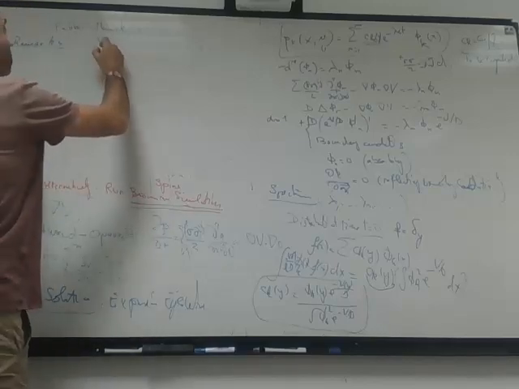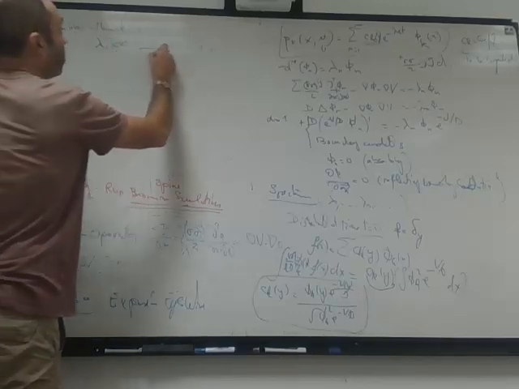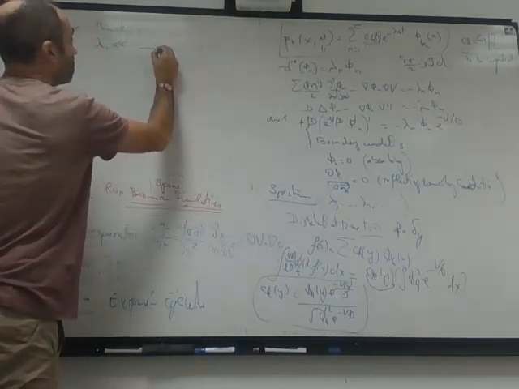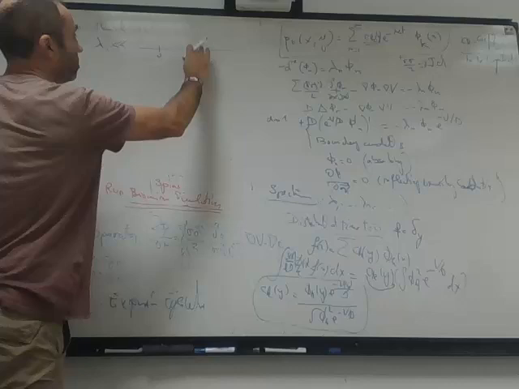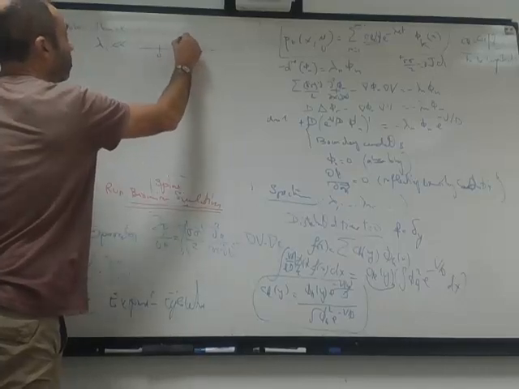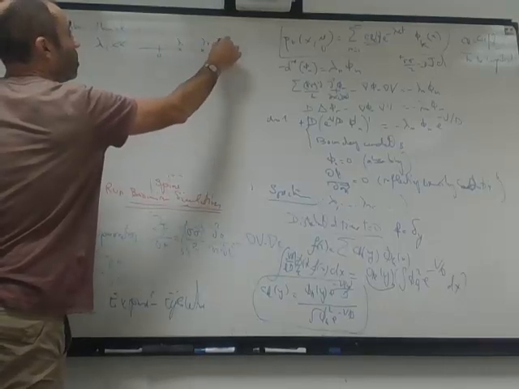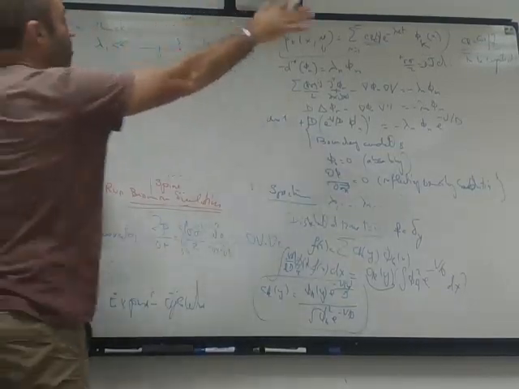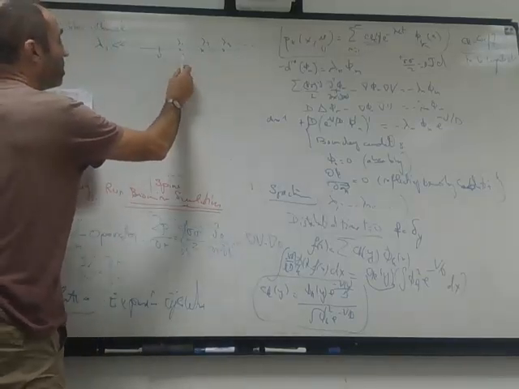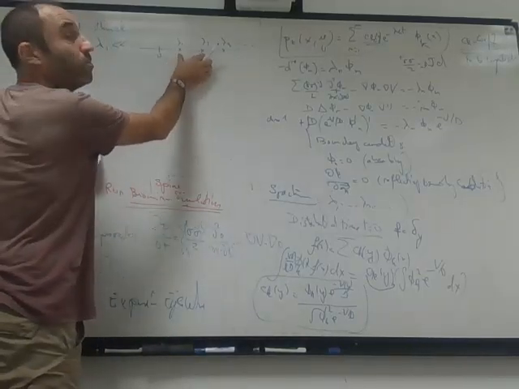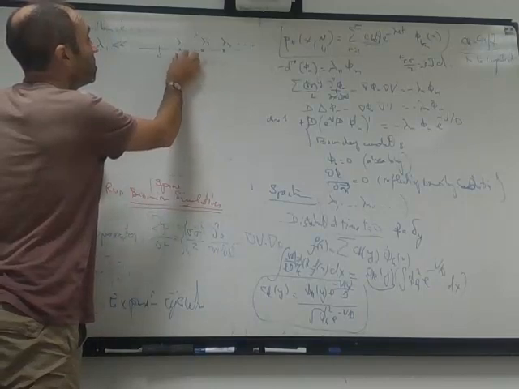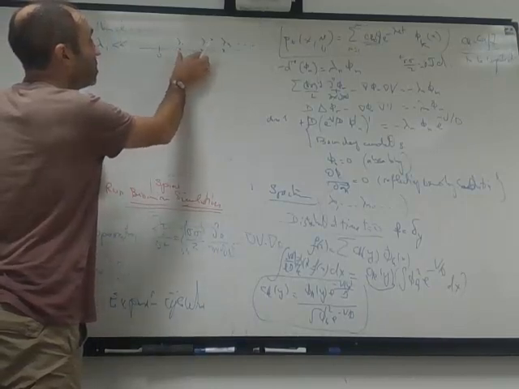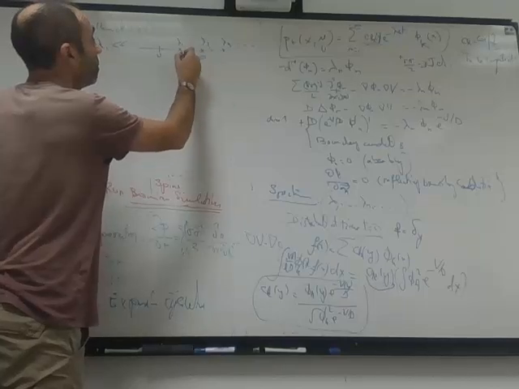If lambda 1, so you have a spectrum. The spectrum starts with, let's say, usually you have 0, the first eigenvalue, the second one, the third one, they are increasing to infinity. And so if the first one is well separated from the second one, suppose here there is a gap.